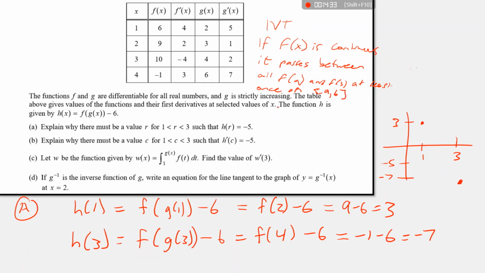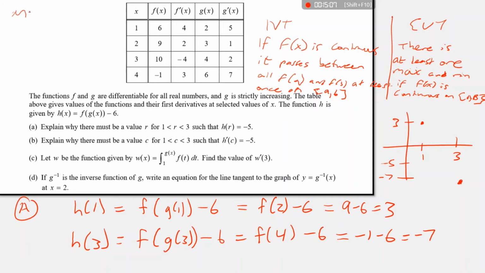As long as our function is continuous, we're going to pass through all the y values between point A and point B. Okay, extreme value theorem says there is at least one maximum and minimum if f of x is continuous on AB.